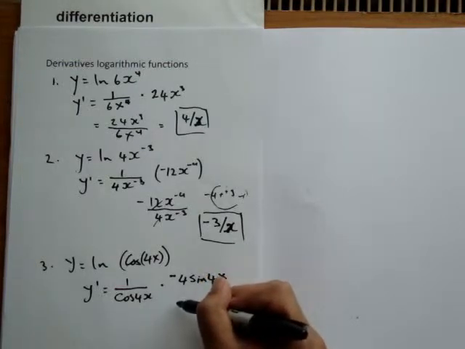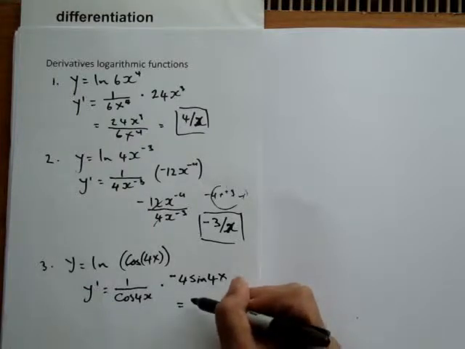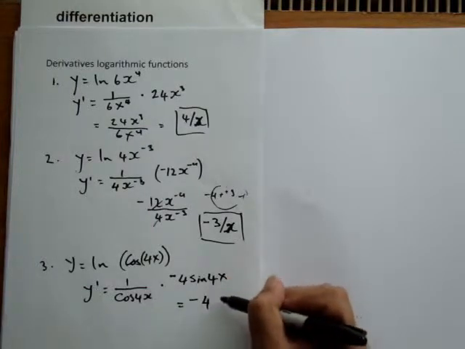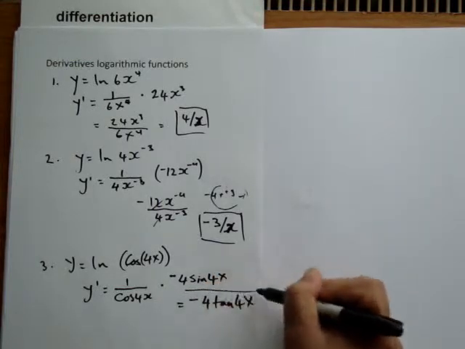Rearranging and tidying up, sine over cos is tangent, so the answer is minus 4 tan 4x.